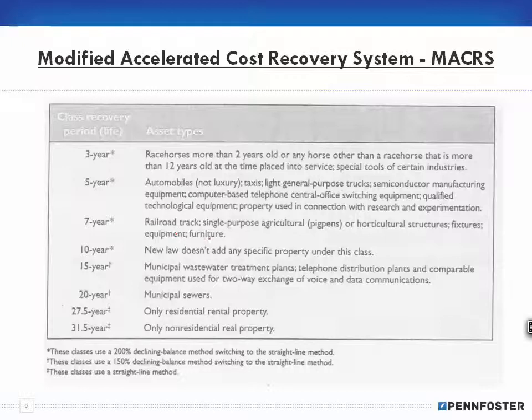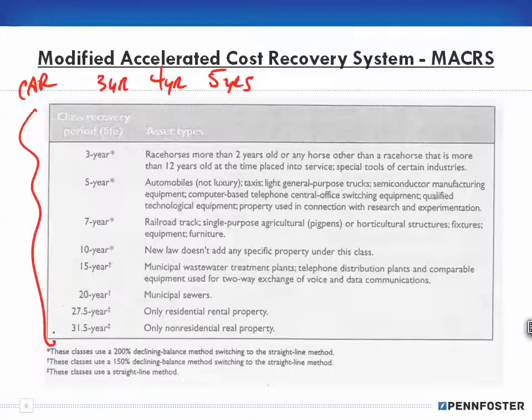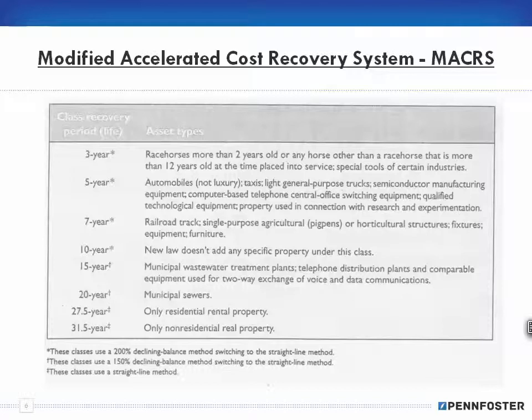In my example, I had said, well, for a car, we can determine our useful life to be 3 years. We could determine it to be 4 years. We can determine it to be 5 years. We were able to determine whatever we wanted, right? But now we have to use this asset class chart that the government set up, and we have to look at it, and that will tell us exactly what our recovery period, or the life of the asset, is.